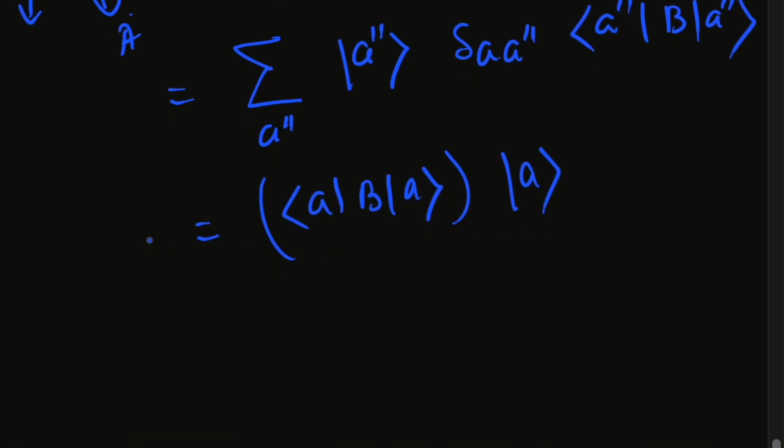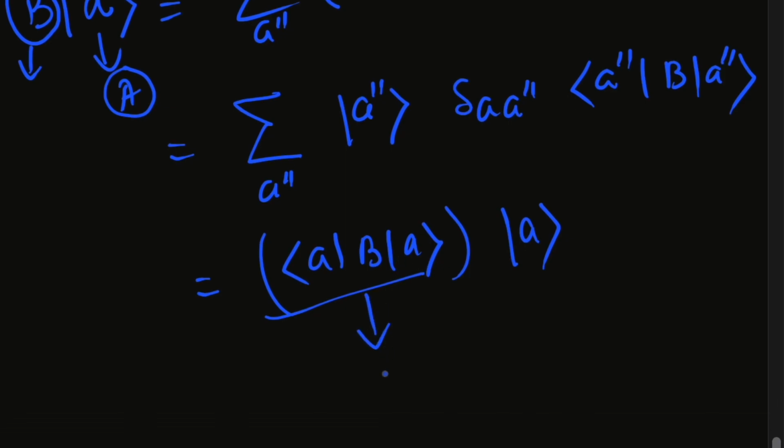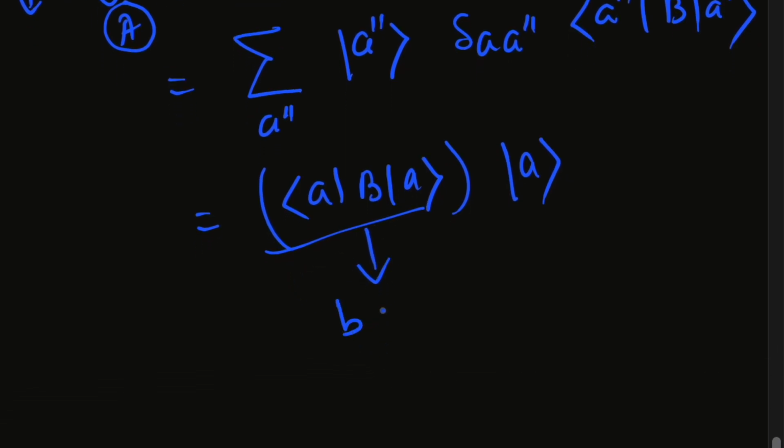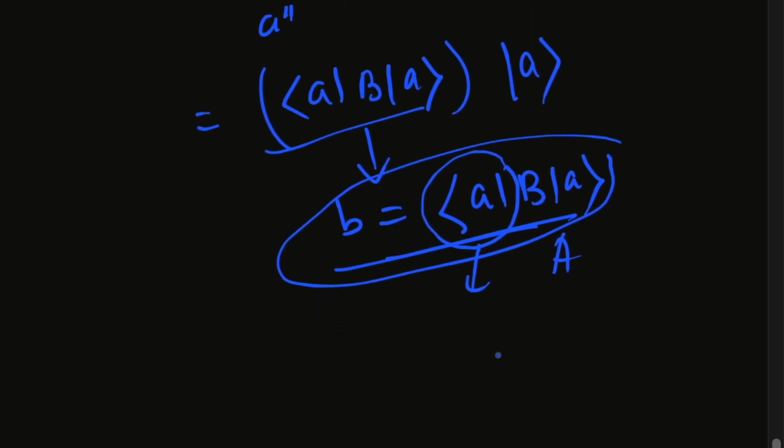That means A is an eigenstate of B also, and the eigenvalue corresponding to the eigenstate will be this B equal to <A|B|A>, the expectation value of B in the eigenstate of operator A will be the eigenvalue corresponding to the same eigenstate of the operator A.